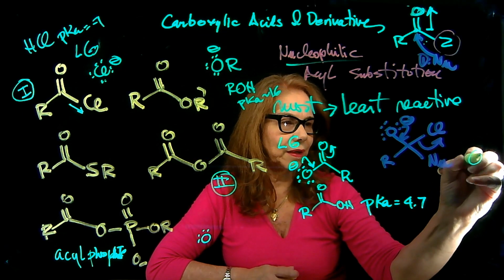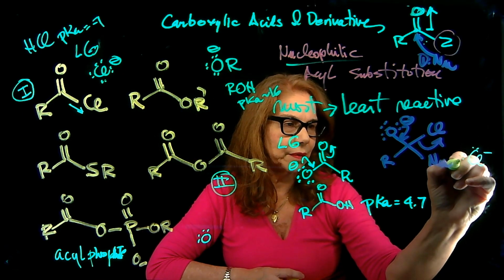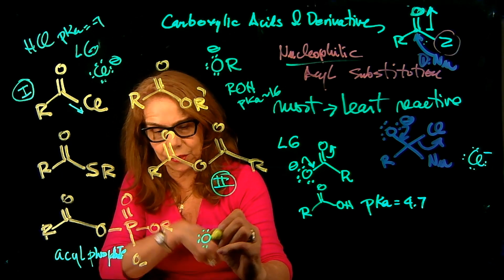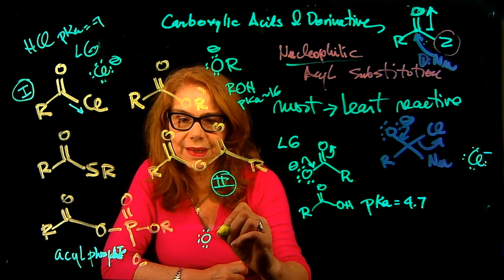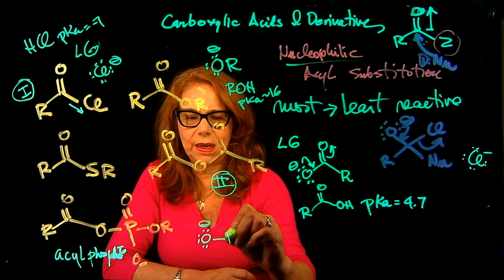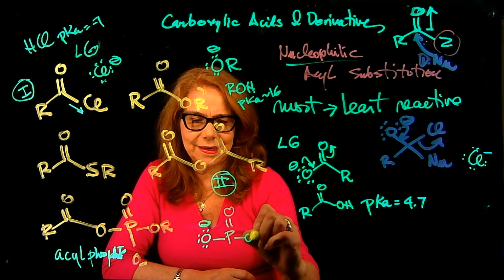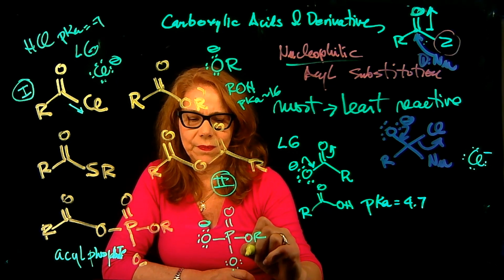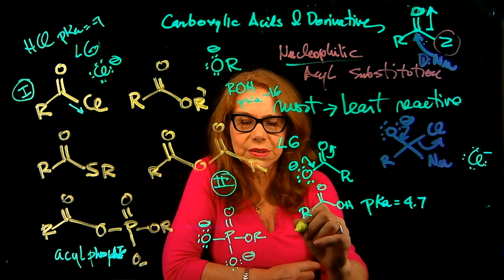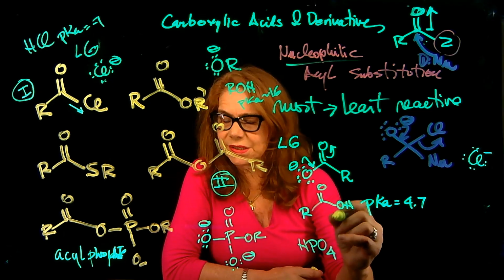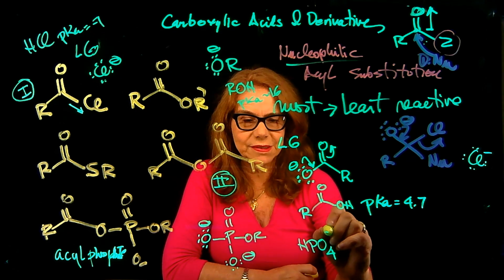Instead of chloride departing, now we're looking at other leaving groups. The leaving group here, with the acyl phosphate, will have a negative here, OR, O negative as well, and this is similar to hydrogen phosphate, which is 2 negative.